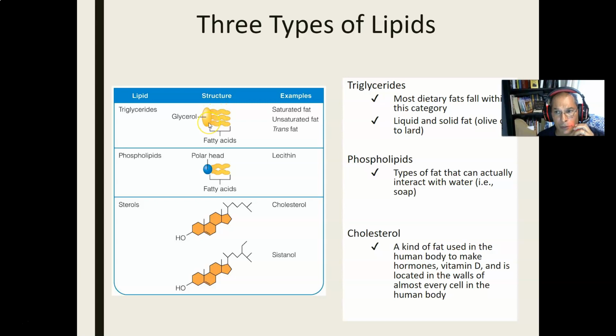Triglycerides, the parent molecule. Sucrose, maltose, and lactose are in many ways parent molecules to glucose, fructose, and galactose. We break down maltose, sucrose, and lactose, and we absorb fructose, glucose, and galactose. Well, this is the parent molecule.